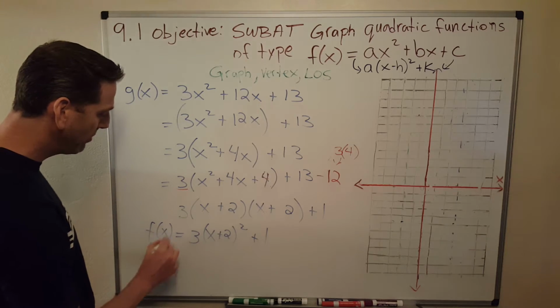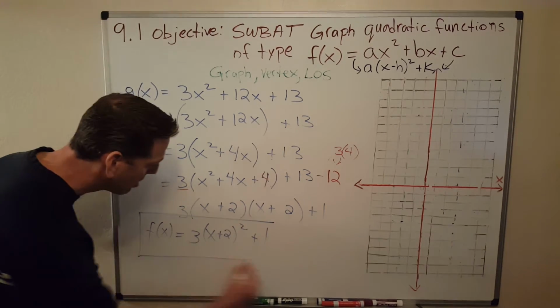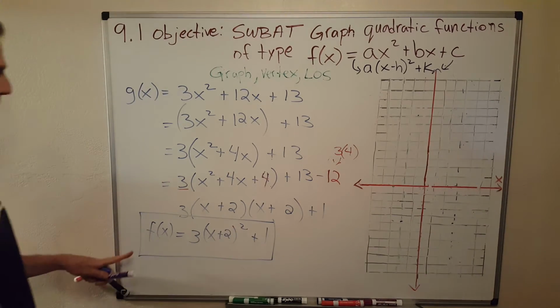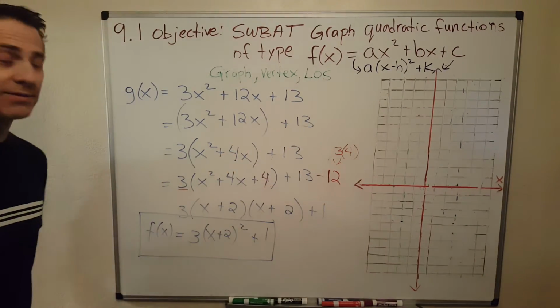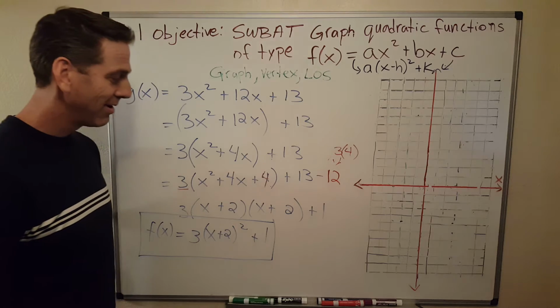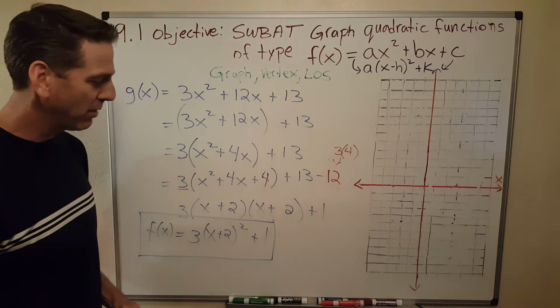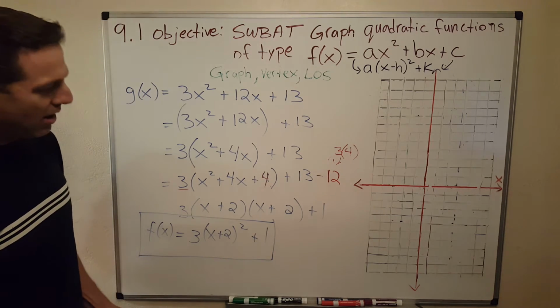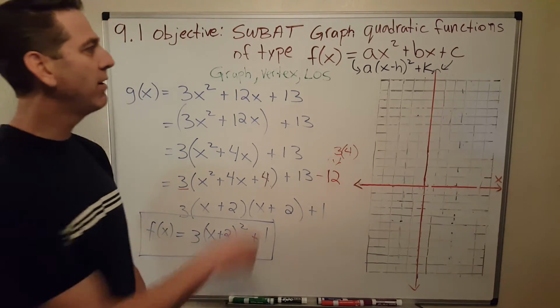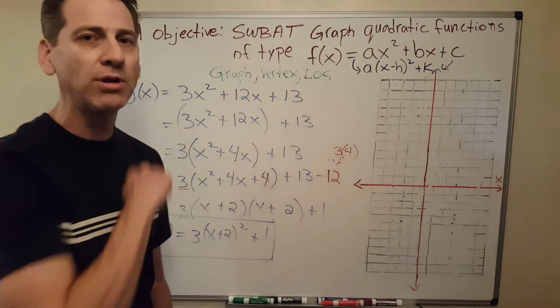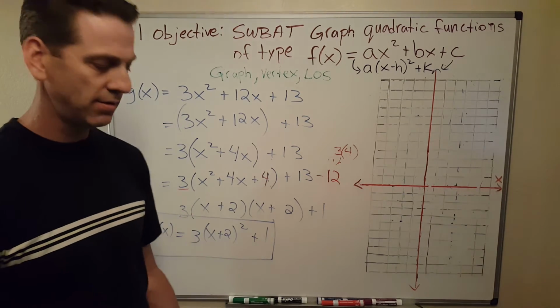All right, does that look familiar? That is in what I call vertex form. Okay, I'm sure it's called something else, but that's what I call it. All right, so now that I have it in vertex form, I can figure out my vertex and my line of symmetry right now, before I even graph it.